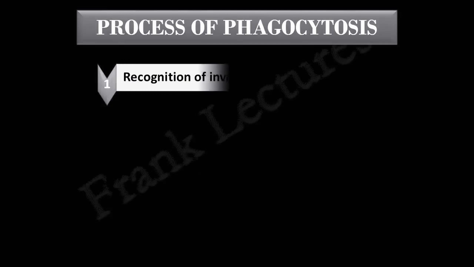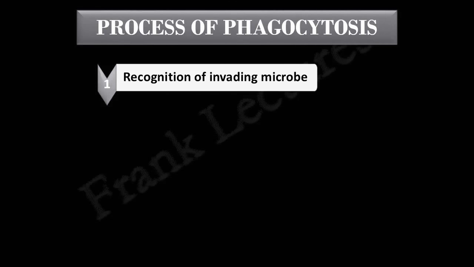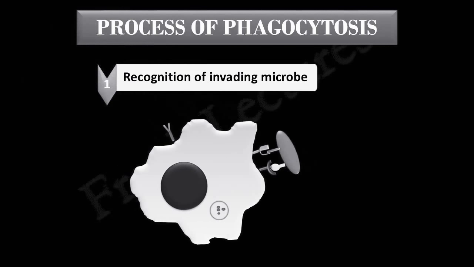The first step of phagocytosis, that is recognition of the invading microbe, happens when the specific pathogen recognition receptors interact with the PAMPs of the microbial surface.